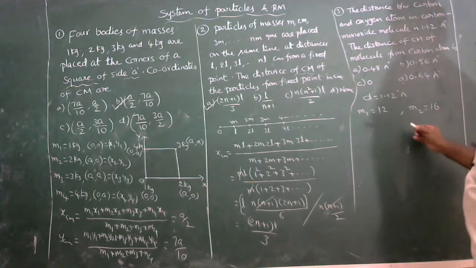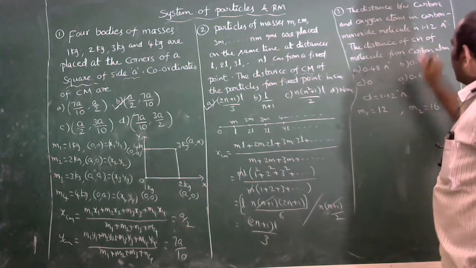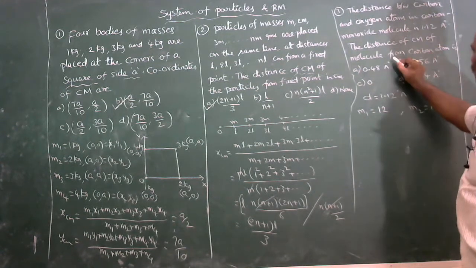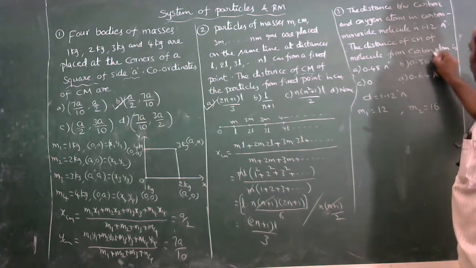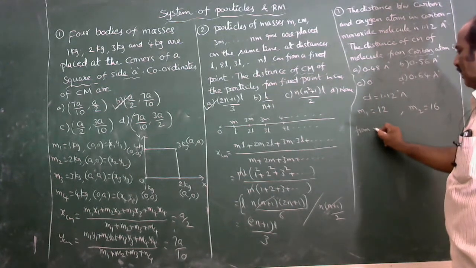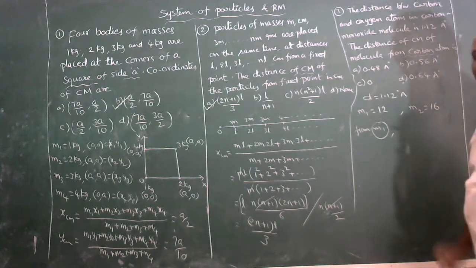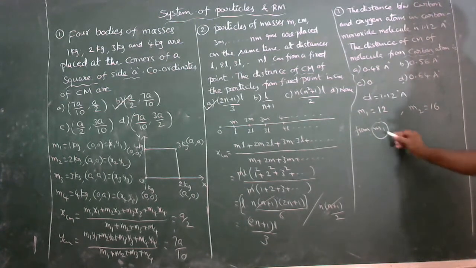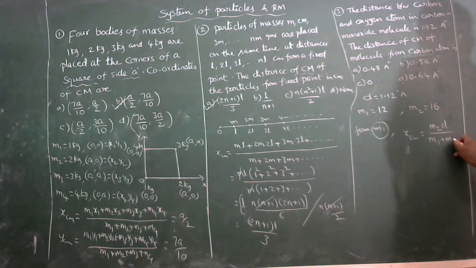Now the distance of center of mass of the molecule from the carbon atom, that means from m1. Formula: the coordinate of center of mass from m1 is written as xcm is equal to m2 d by m1 plus m2.